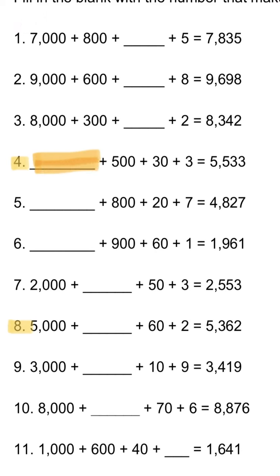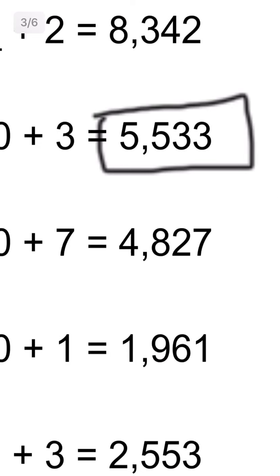And how do you do that? Well, we do that by using the sum and the place values. So let's look at the place values. So that's ones, right? That's tens, hundreds, and thousands.